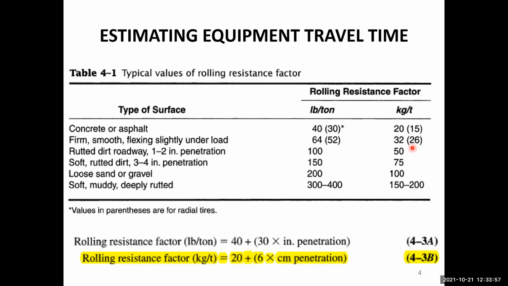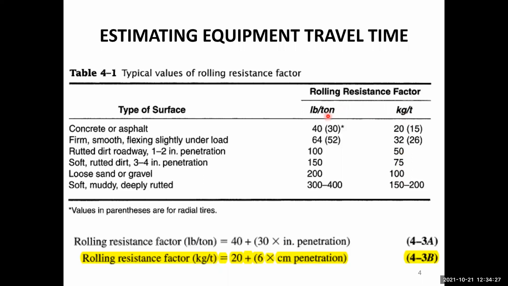On the other hand, for some other types of surfaces, for example, loose sand or gravel, the rolling resistance will be much higher, about 100 kilogram per ton of weight. Per ton means 1000 kilogram.